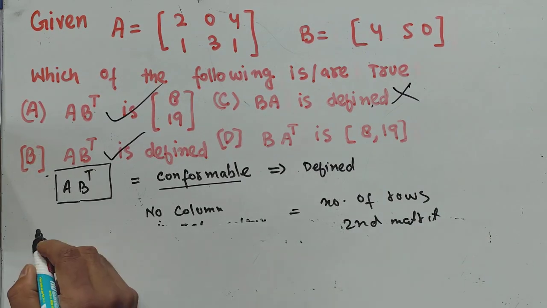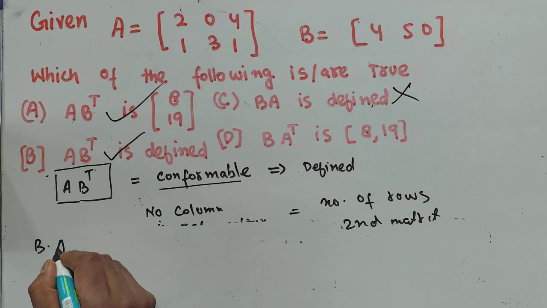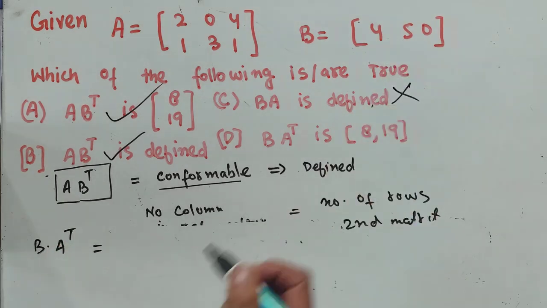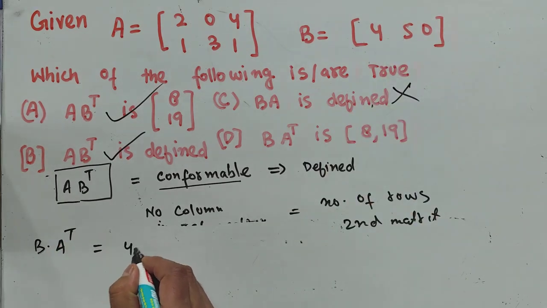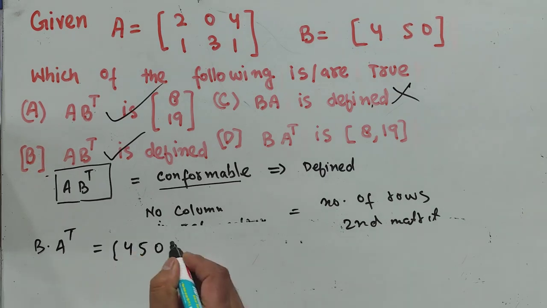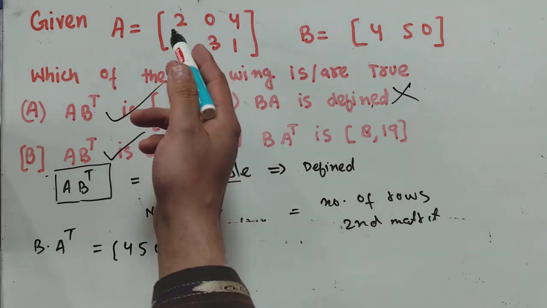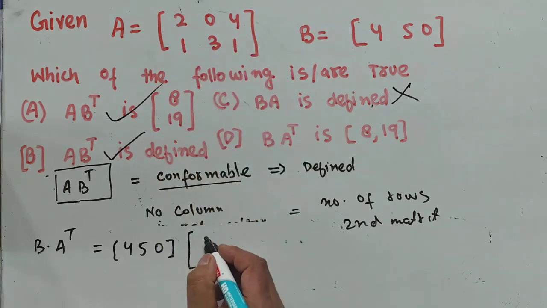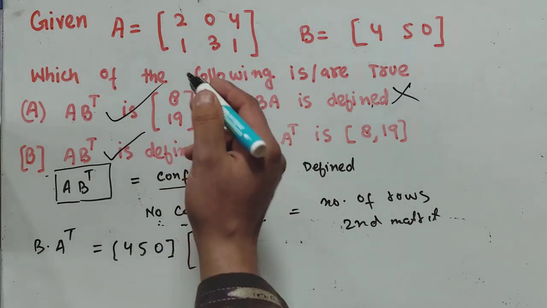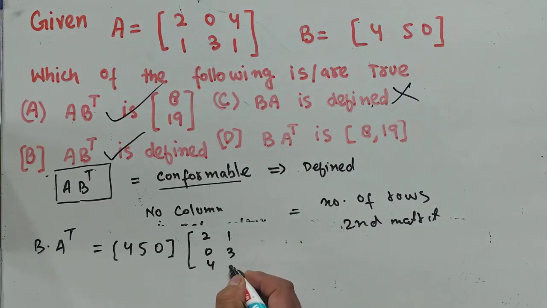Now let us see the last one. The last one says B times A transpose. So B is 4, 5, 0. This is our matrix, and the transpose of A, interchanging rows with columns, is 2, 0, 4 as a column, then 1, 3, 1. This is A transpose.